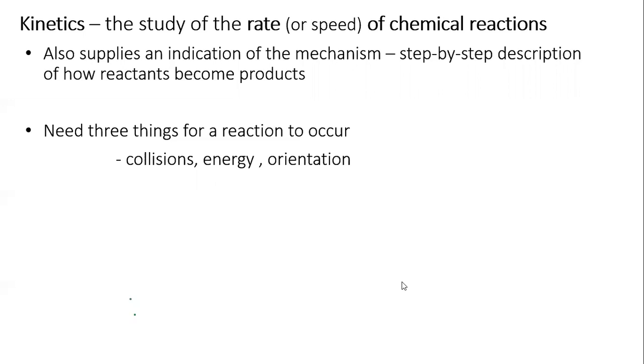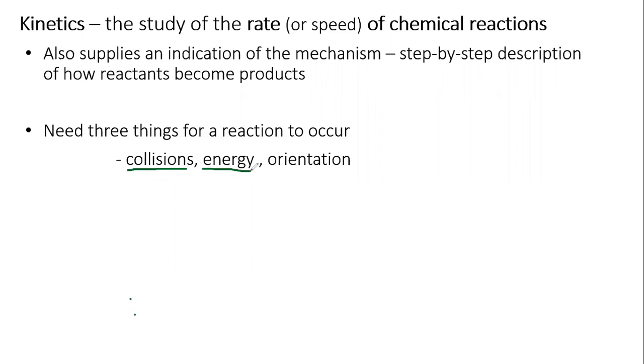And so for any chemical reaction, there are three important things that you need to have in order for a reaction to occur. And so we'll use the example of molecules. So molecules must collide, so you have to have collisions for reactions. And when molecules collide, they have to have sufficient energy, so when they collide, they react.